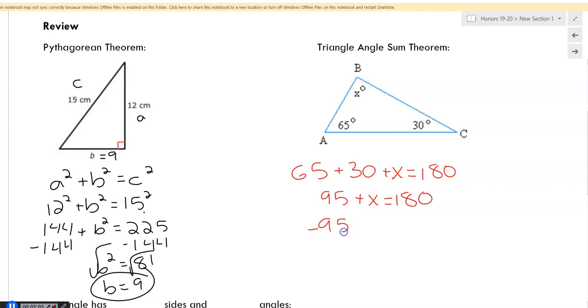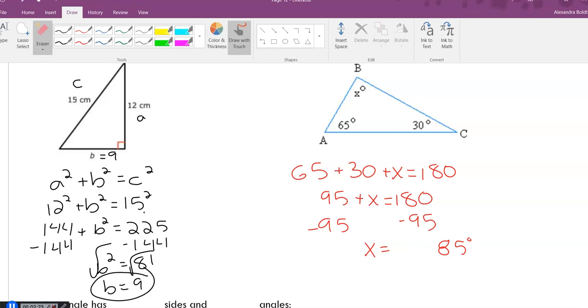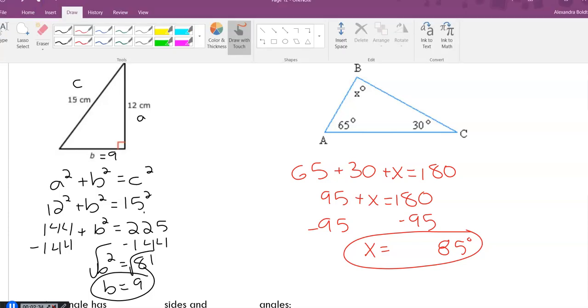Subtract 95. X equals 105. Nope, 85. I can't math today. So that x equals 85 degrees. Okay. So we talked about that last unit, and it's going to come back now with our right triangle trig.